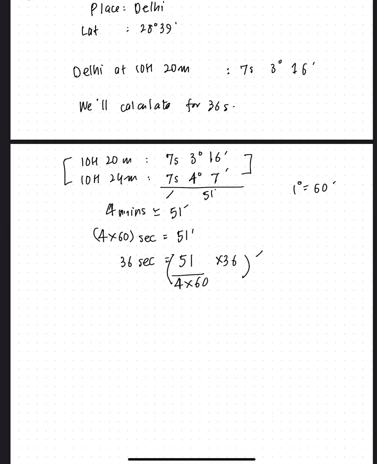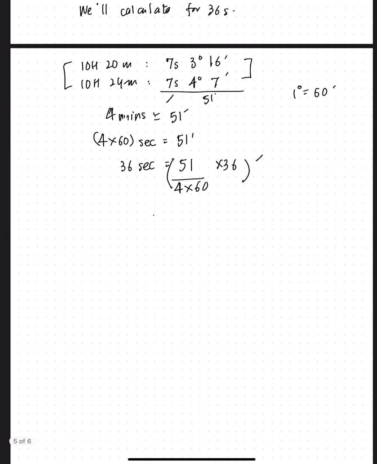Now this whole thing will be in minutes, right? So if you do the calculation, we get 7.65 minutes. Or you can give 7 minutes, 0.65 into 60. A lot of people can just round it off to 8 minutes, or if you want, you can do 7 minutes, 39 seconds.